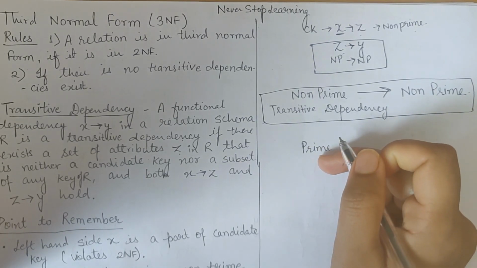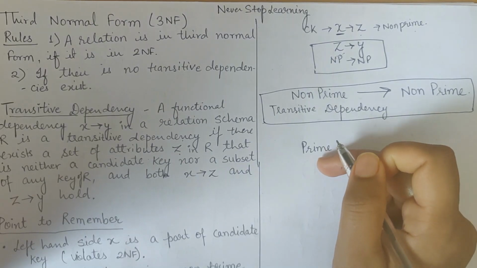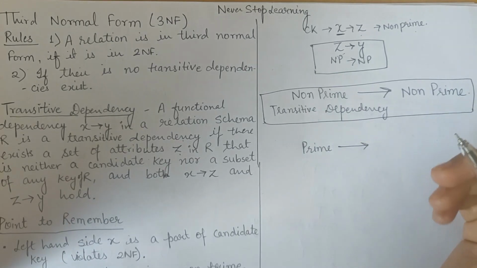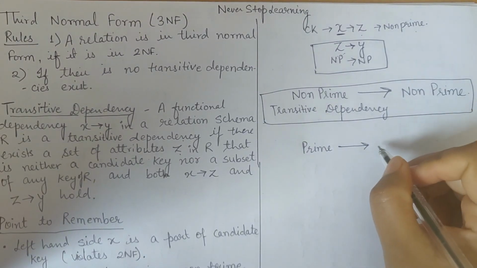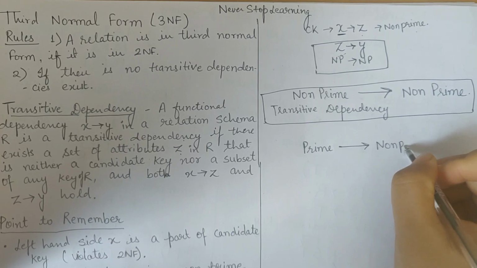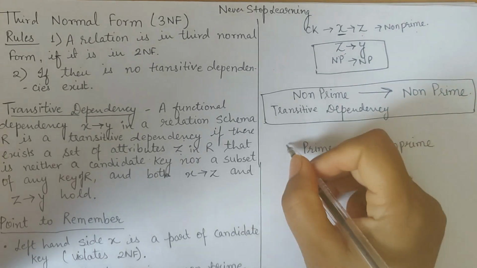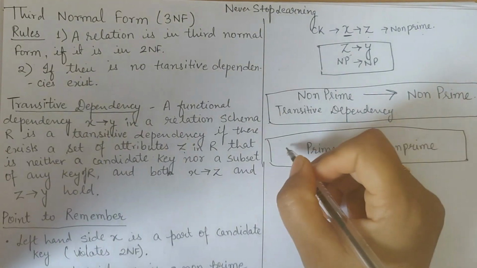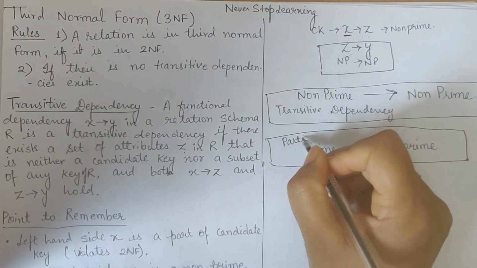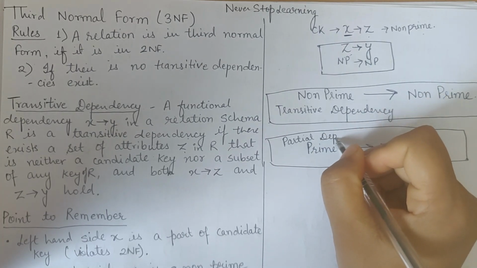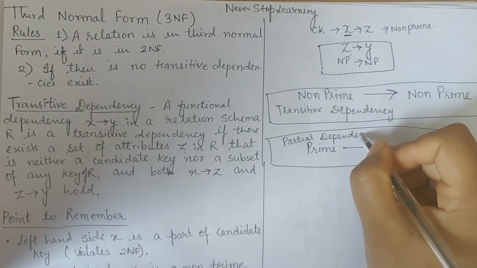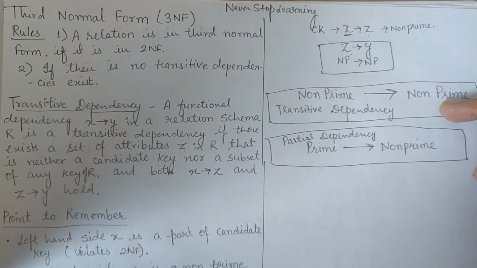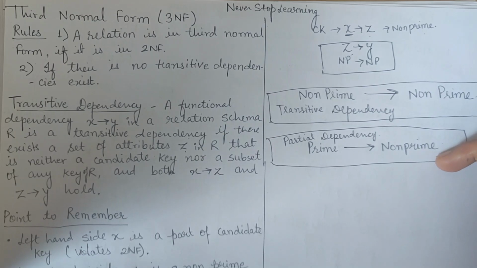Remember, those elements which are part of a candidate key, we call them prime attributes. So if the left hand side is a prime attribute and on the right hand side we get a non-prime attribute, then this is a case of partial dependency. So your 3NF doesn't allow transitive dependency as well as partial dependency.